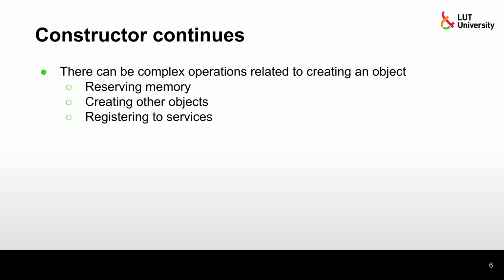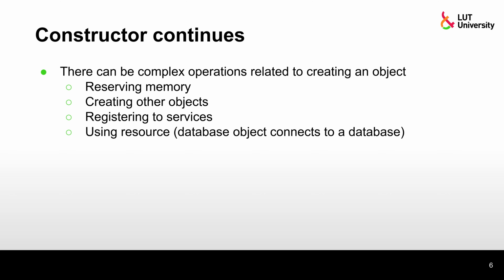You might want to register to some services if you are building a Twitter client. When you are starting the program, it creates some object, and some objects want to get latest tweets from the Twitter API. So you are registering to that API. That might be responsibility of the constructor.